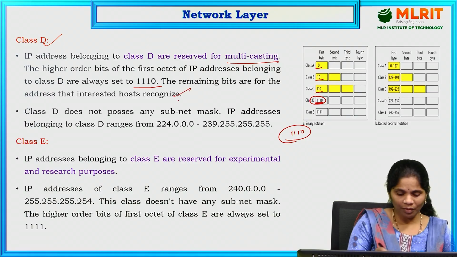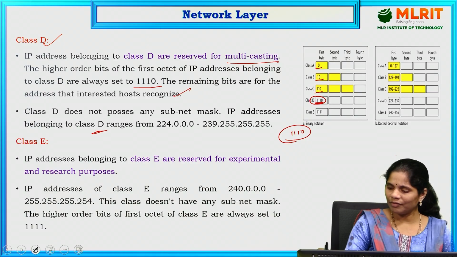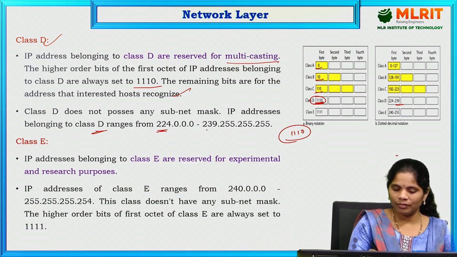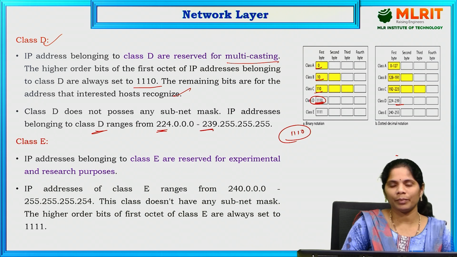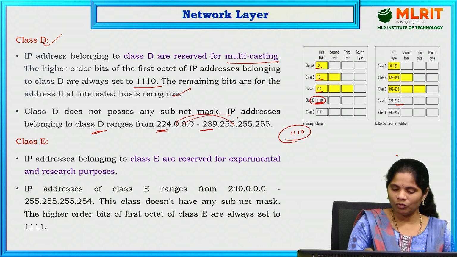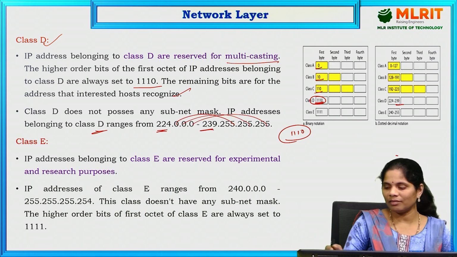The range of class D starts with 224 and goes till 239, with 0 to 255 in the other three octets. That is the range of class D.